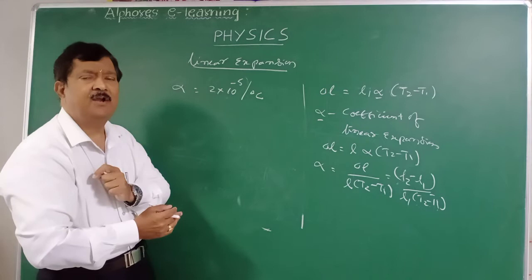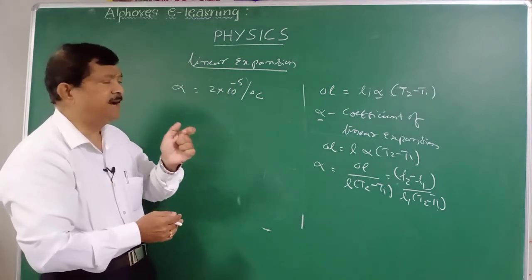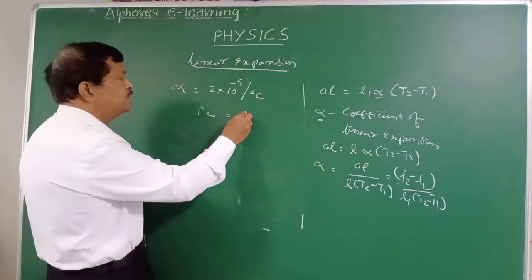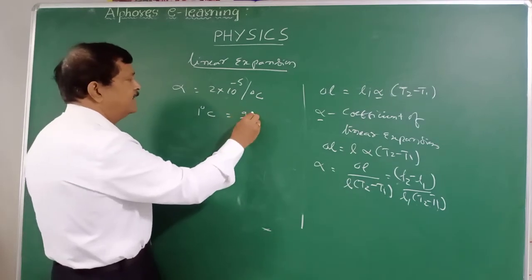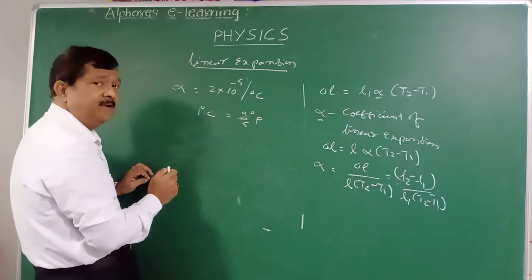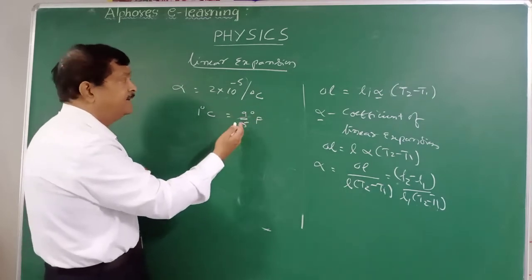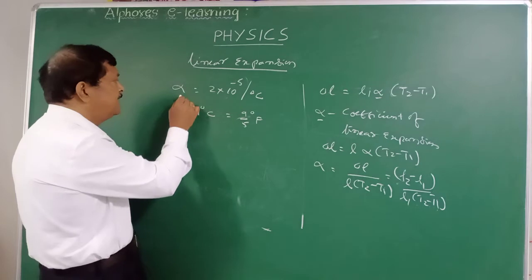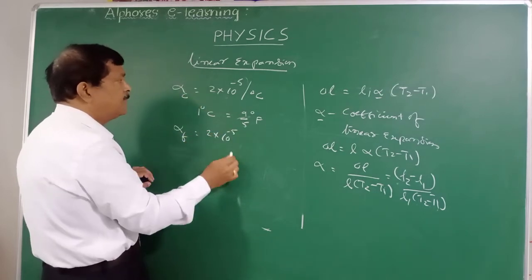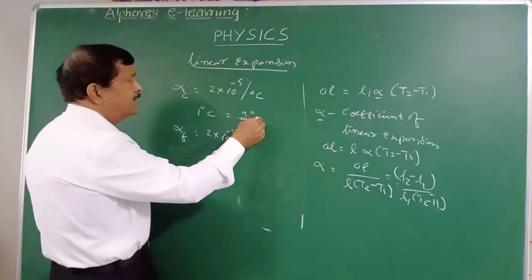In Fahrenheit, you know that 1 degree centigrade corresponds to 9 by 5 degrees of Fahrenheit, or 1.8 degree Fahrenheit. So when you are expressing the value in Fahrenheit scale, it is 2 into 10 power minus 5 per degree centigrade.